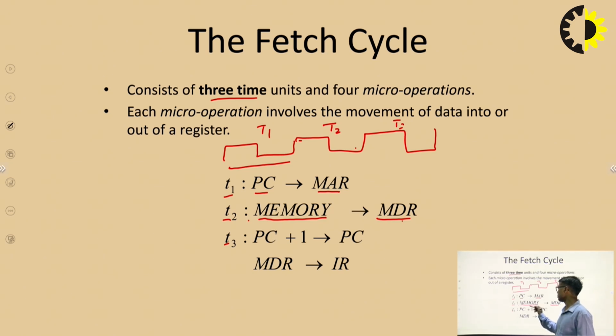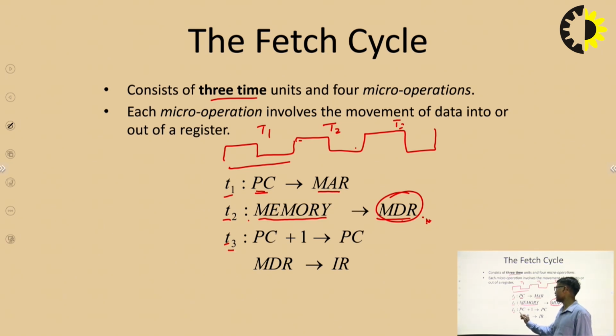Since we know that PC is the program counter and it is meant to get the instruction, by this time we have the instruction available in the MDR. So this register contains the instruction which the CPU has requested through PC.